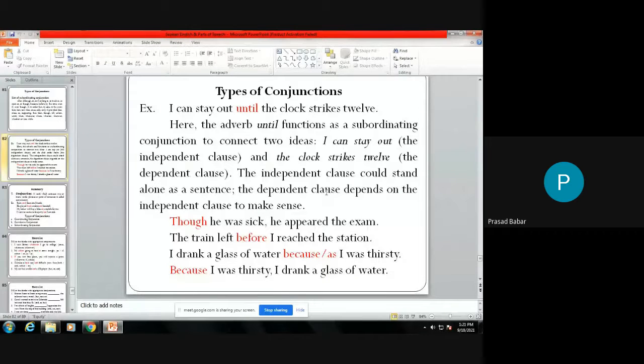The independent clause could stand alone as a sentence. So in this example, the independent clause I can stay out is independent and can stand alone. It does not require any type of help from another sentence, that is, the clock strikes 12.